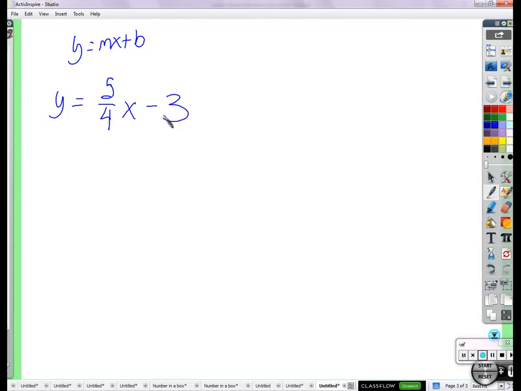In very little time, you should be able to come up with 2 points. You want to find 2 easy points to tell you where this line is going to be. Let's find the 2 easiest points possible for this graph.